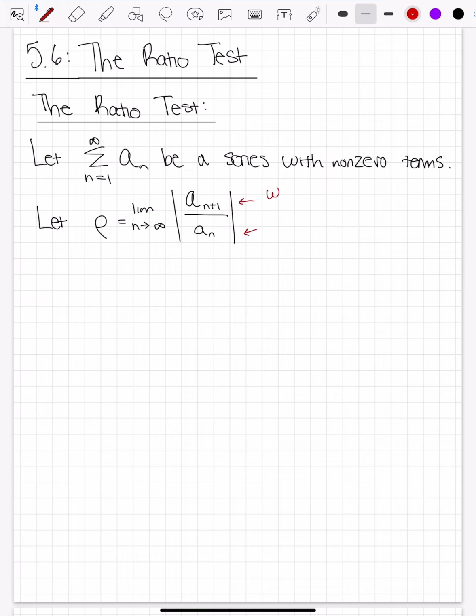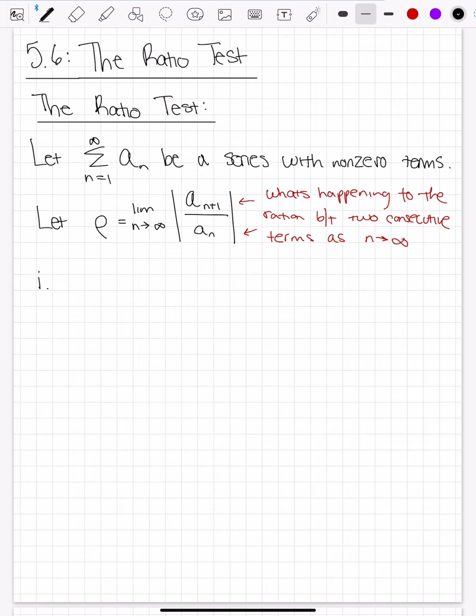So we're looking at the ratio between two consecutive terms as we go far down the series. Why do we care about that? Because we want to know: is it changing a lot? Are we going to continue growing or not?